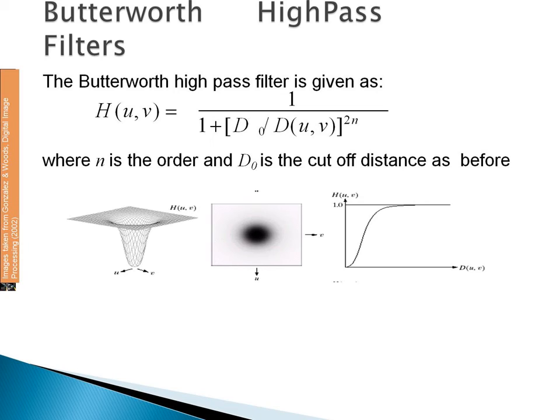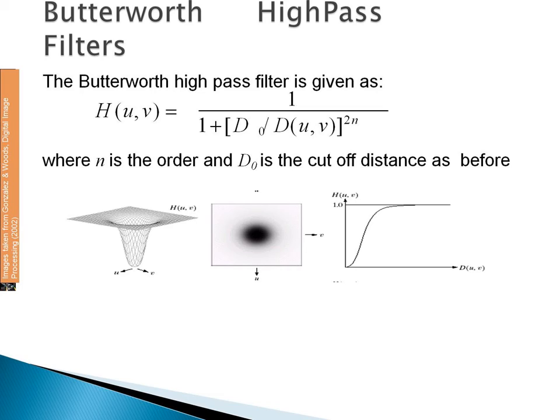Here we can look at an image where the Butterworth high pass filter is represented. We can see the plot, the image representation, and the cross section of a typical Butterworth high pass filter. You can see that we have D of uv and also H of uv. H of uv is obtained from D of uv.